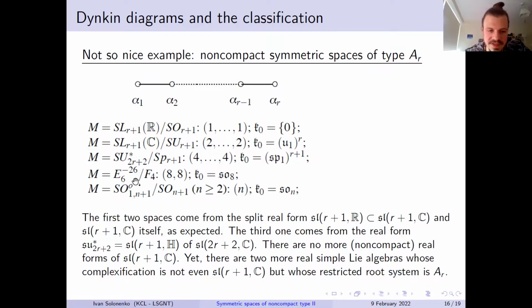One of them comes from some real form of the E6 complex Lie algebra, and the other one is nothing else but the real hyperbolic space, regarded as a symmetric space of non-compact type. So sometimes parts of it are nice, but for some root systems you have these weird simple Lie algebras, or in other words, symmetric spaces of non-compact type, which don't fit into the picture.